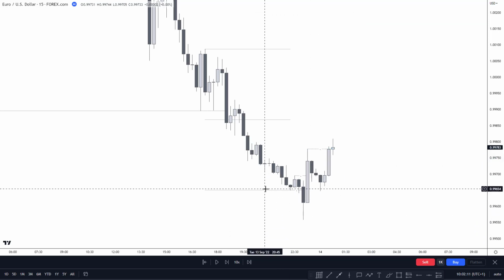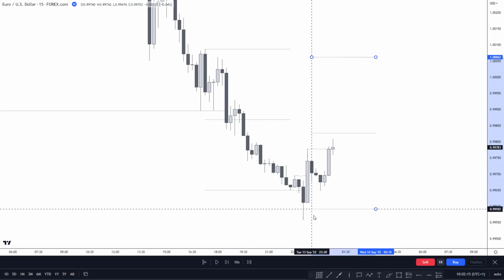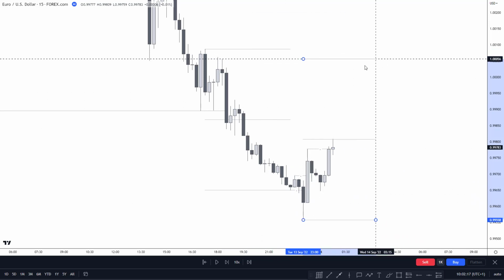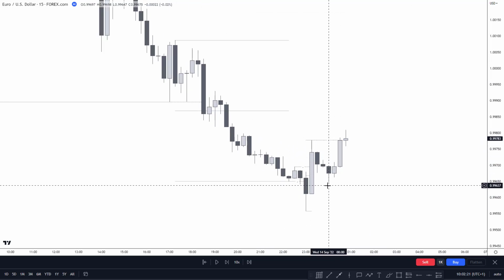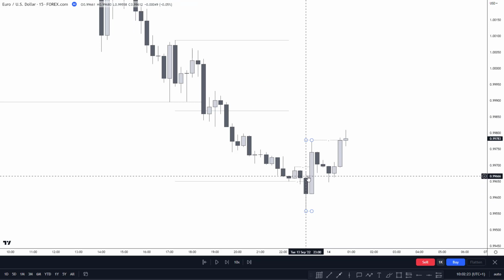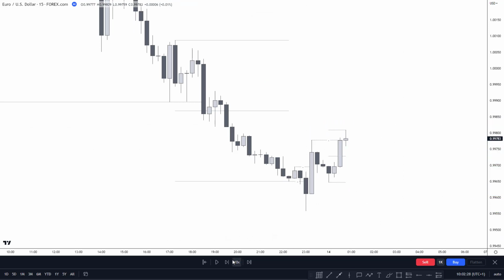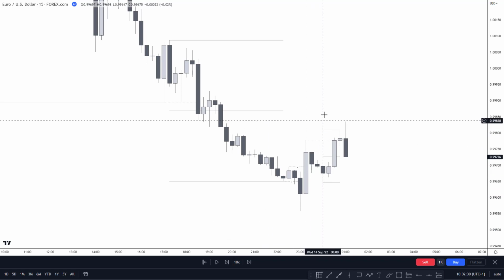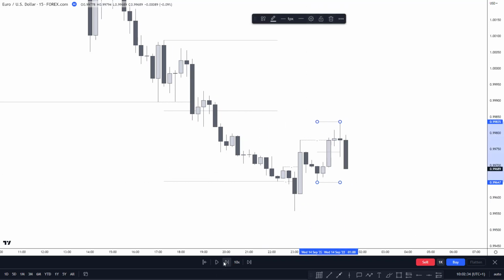Because we created a new, well, we had this first minor 1 here. We came into the discount of it and then broke up again. Okay, so now we have a new minor 1. Still haven't cemented the high of it yet.